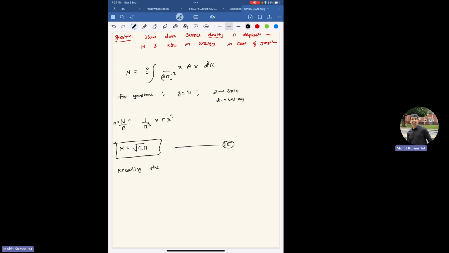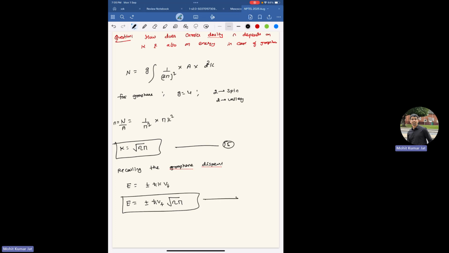Recalling the graphene dispersion, E is plus minus h bar k Vf, and you can write E as plus minus h bar Vf times square root of n pi.